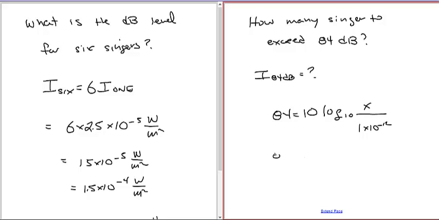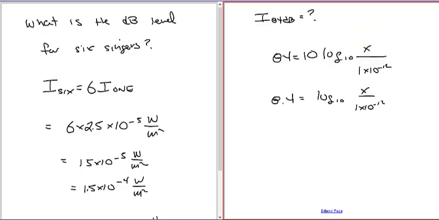Okay, so you get 8.4 is equal to log base 10 of x over 1 times 10 to the minus 12. And then you do 10 to the 8.4 power, which is equal to x over 1 times 10 to the minus 12.